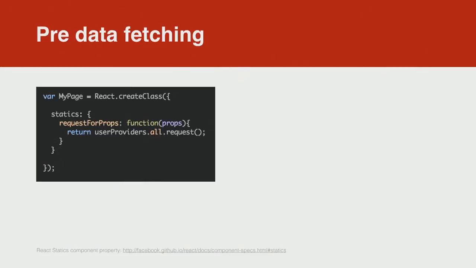But so how does that work? Because I said that we can't serialize any async requests with render to string. So how can we have data requests inside React components? Well, it turns out React comes with this property called statics, where they allow you to set any kind of functions or other kinds of properties which you can access on your components outside of React.